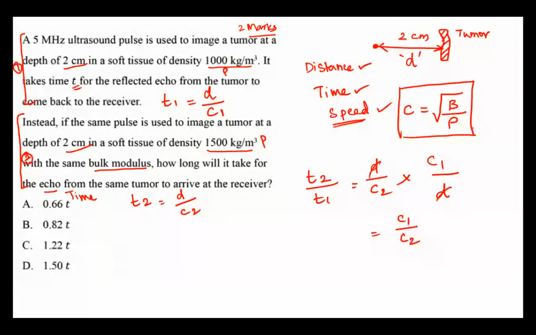For c1 we have root of b by density 1, and for c2 we have root of b by density 2. Applying it in the formula, b gets cancelled. Since we are dividing, what is in the denominator goes to the top, so the root cancels and density 2 goes up. Inside the roots things cancel, so I get root of density 2 by density 1.